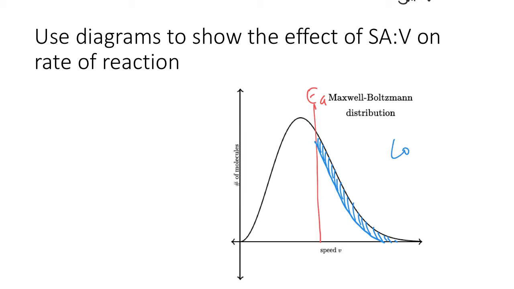This might represent a low surface area to volume ratio, which means that a lot of them are not exposed to the surface. But something like this could represent a higher surface area to volume ratio, like you've turned one big block into lots of little blocks. Therefore there's now a greater area under the curve that can react because they have sufficient energy and they're exposed, and so the reaction will go faster.